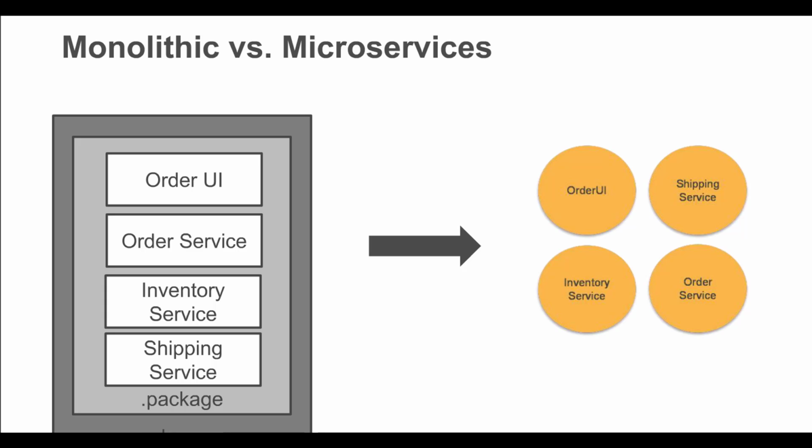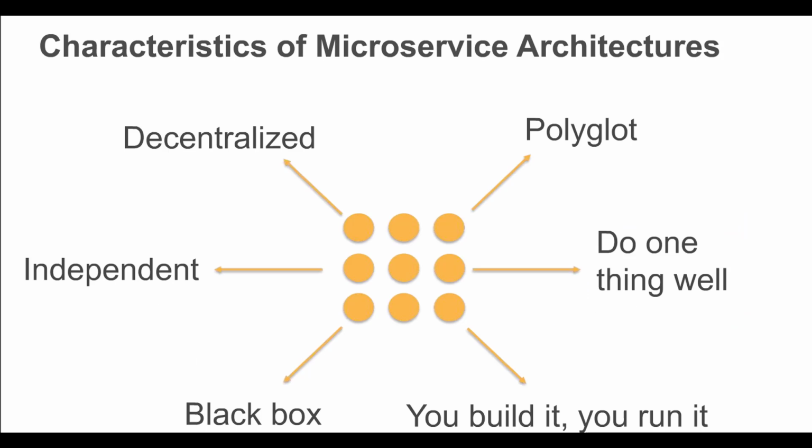Where microservices has taken us is it has given us these atomic units that do one thing and one thing really well. They have very clear interfaces, which are very easy to change and which facilitate rapid iteration. Microservices can be polyglot, so each of these services could be written in the language of choice, the language that supports the service best.